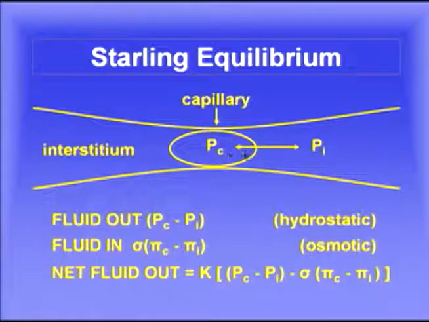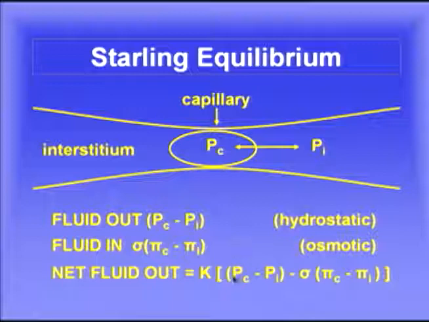Now it turns out that, as I said, the endothelium is partly permeable to albumin, and that's why we have to include this sigma factor here. Sigma is called the reflection coefficient. It's a measure of the ability of the capillary endothelium to prevent the passage, or reflect the albumin molecules, as they bump against the interior of the capillary wall here.